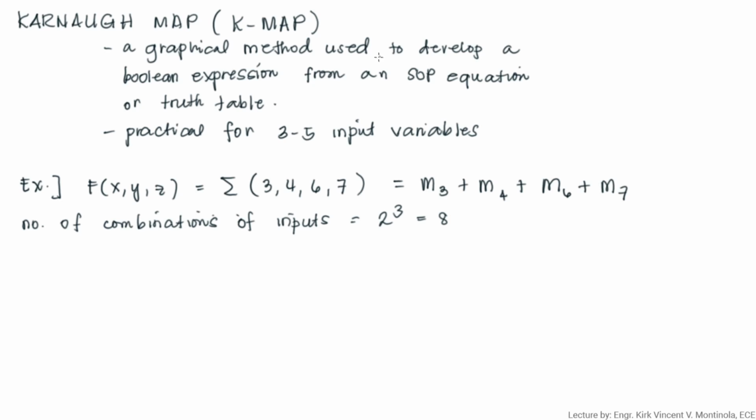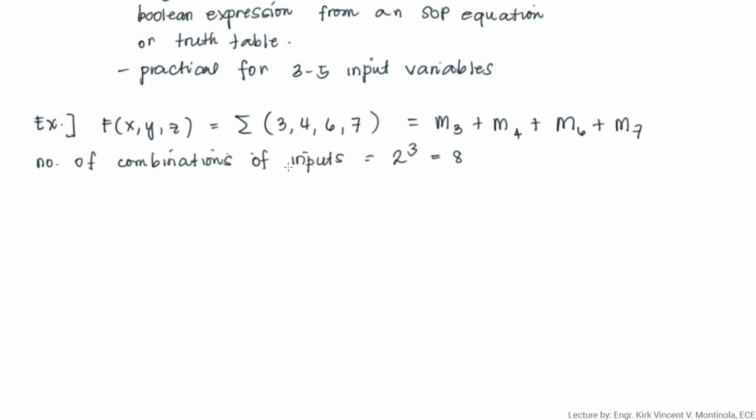The summation tells us that we are ORing the minterms involved in this function. So the total combinations of the inputs should be 2 raised to the 3, or we'll be having 8 combinations of inputs. So let's construct a truth table. We know that the output should be f and the input variables should be x, y, and z. So let's input x, y, z, and f as the output.